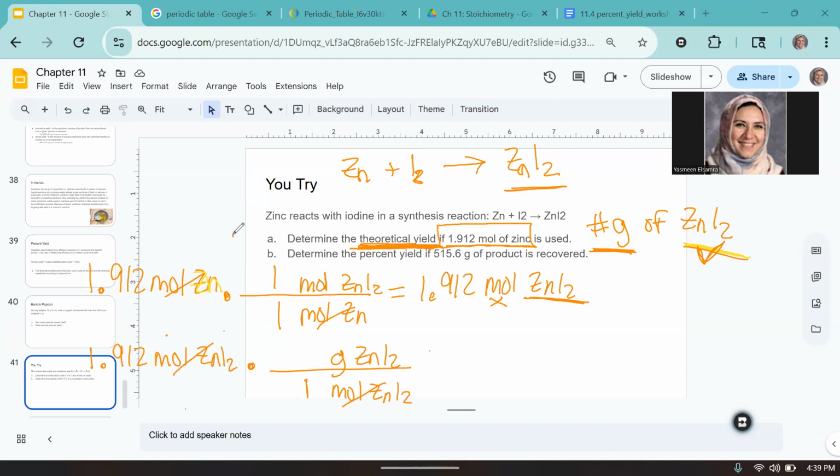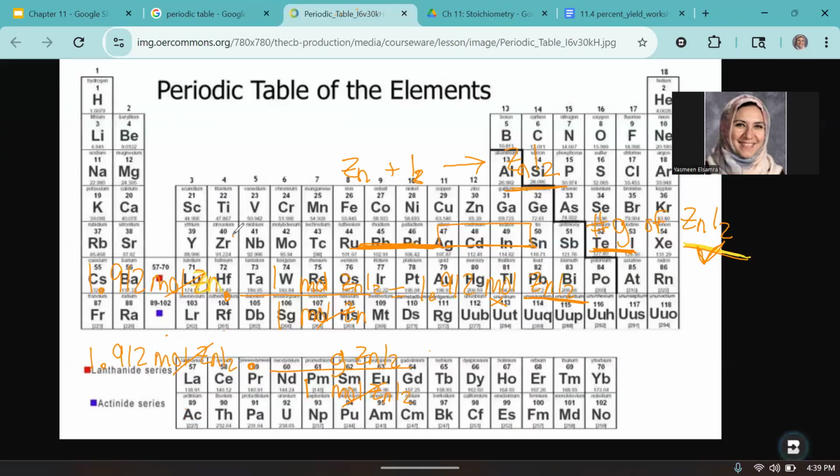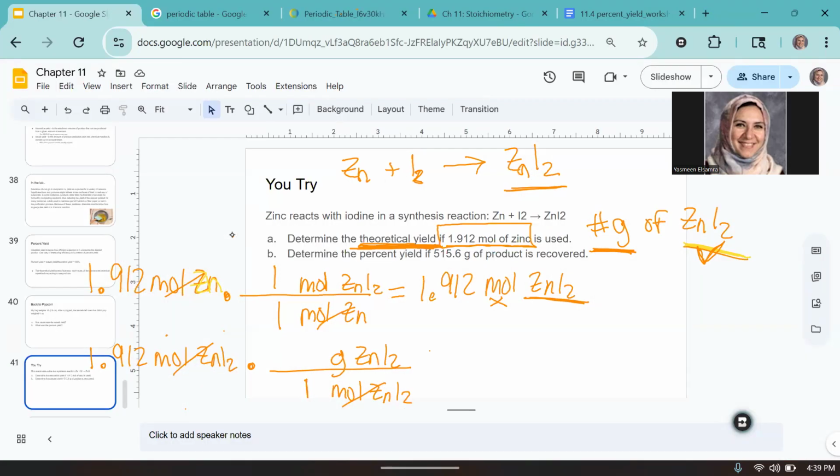Sorry, I think iodine was, let me just go back and double check what iodine was. Iodine. Yes, I'm sorry, I was looking at the wrong number. Iodine right here is 127. So 2 times 127 for the iodine plus 65.3 for the zinc.